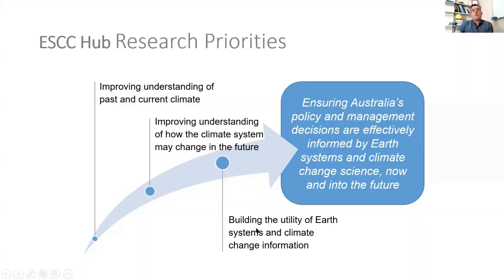The Earth Systems Science Hub's priorities and responsibilities are to improve the understanding of past and current climate, improve the understanding of how the climate system may change in the future, and build the utility of Earth System science and climate change information to ensure Australia's policy and management decisions are effectively informed by Earth System science and climate change science, now and in the future.